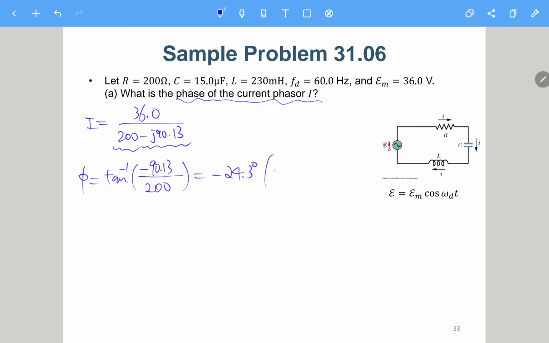Or you can also write it as negative 0.424 radian. Okay, to convert it from degree to radian, it is something like negative 24.3 degree divided by 180 degree and then times pi. Okay, so this is high school trigonometry. So this is the phase of the current phasor.